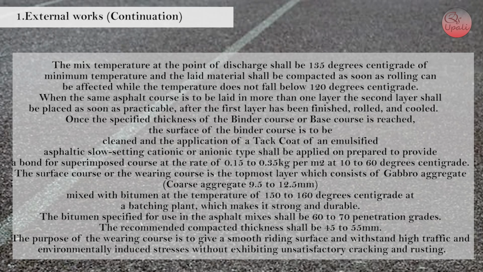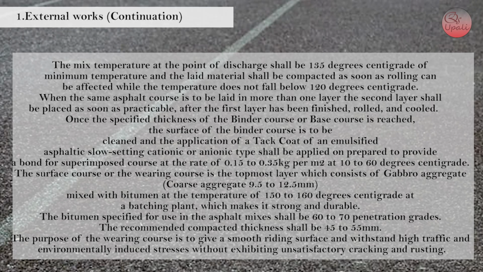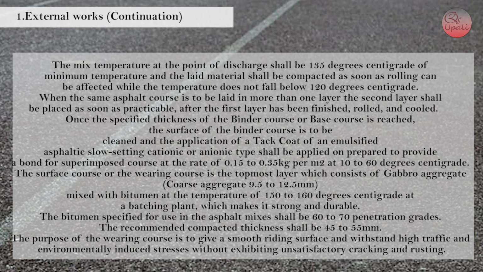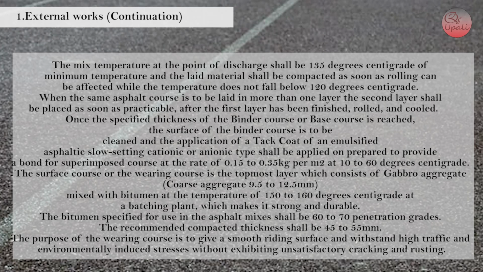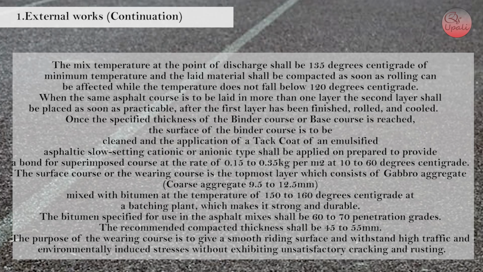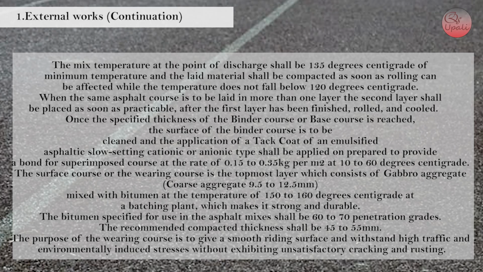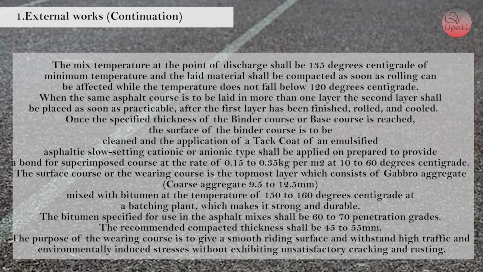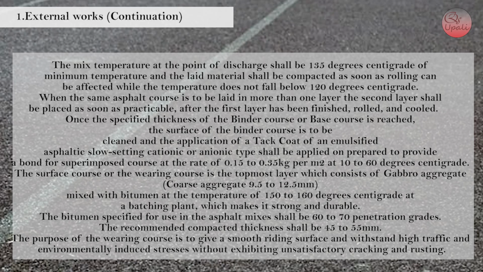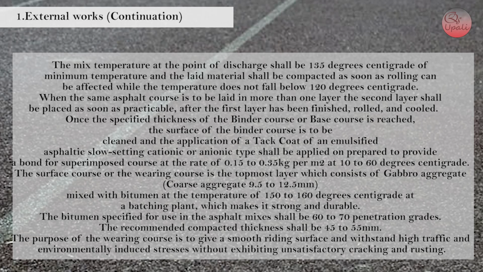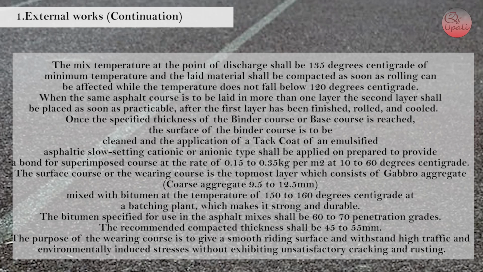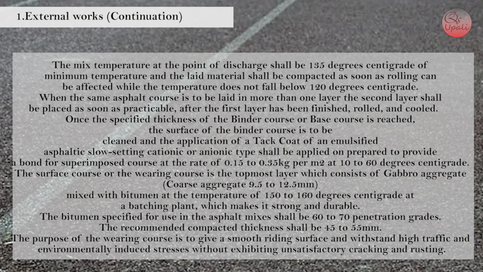The surface course or the wearing course is the topmost layer, which consists of gabbro aggregate, coarse aggregate 9.5 to 12.5 mm, mixed with bitumen at the temperature of 150 to 160 degrees centigrade at a batching plant, which makes it strong and durable.